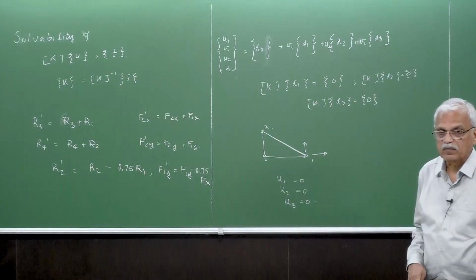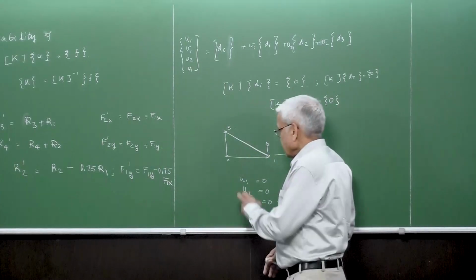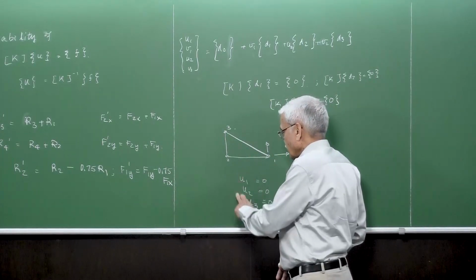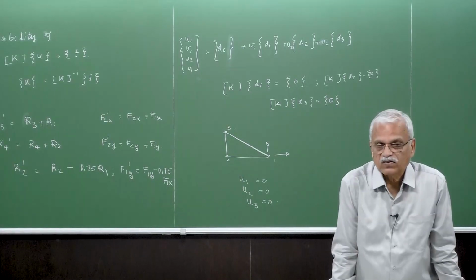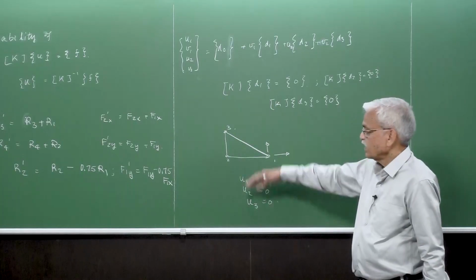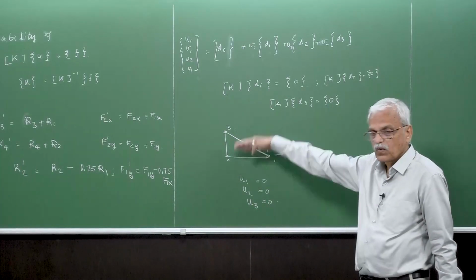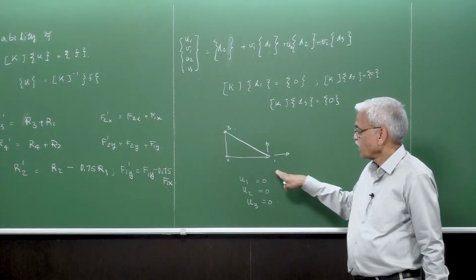So is it acceptable? No, it's not acceptable, for the simple reason that these displacement constraints are not good enough to constrain the structure in the y direction. So the structure can move in the y direction, and these are not enough.